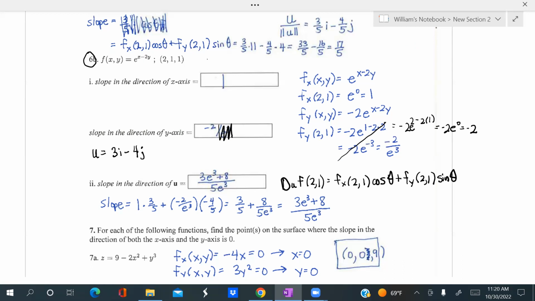It's just going to be the partial derivative with respect to x evaluated at 2 comma 1, times the cosine of theta, where theta is the direction of your direction vector, plus the partial derivative with respect to y, evaluated at x equal 2, y equal 1, which we've already calculated, times the sine of the direction of your direction vector.